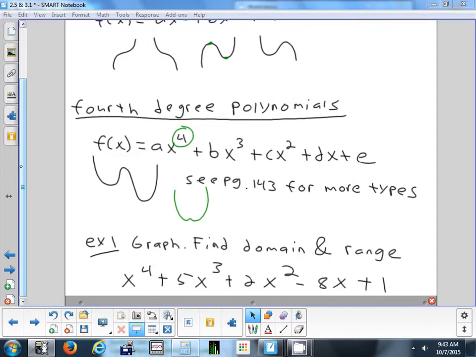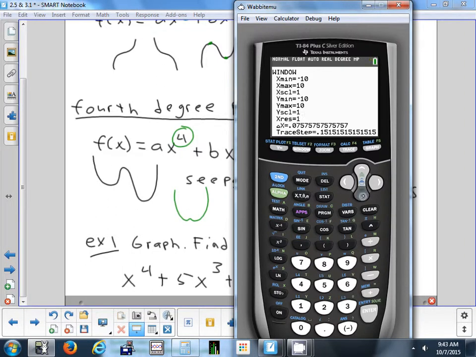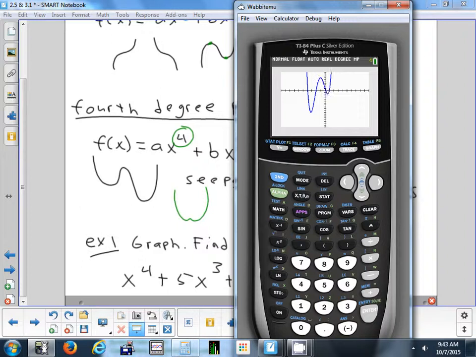All right, this is a 4th degree polynomial, so it could have this W shape to it. Let's take a look. Yep, it's got that basic W shape. I can't see where the bottom is turning, so what I'm going to do is set my y min a little lower. Okay, try negative 20. Yep, and that's good.